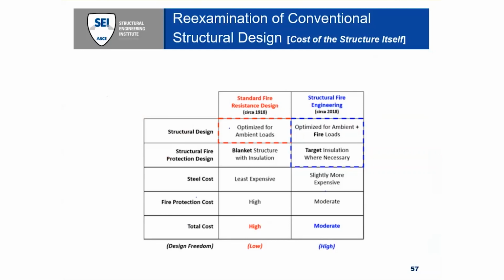Plus, as we've covered, such an approach does not result in any real understanding of how the structure actually behaves under uncontrolled fire. So, from my perspective, the lack of synergy between structural engineering design and structural fire protection, which has gone on for a century, can result in buildings that are less resilient and cost more than they need to.